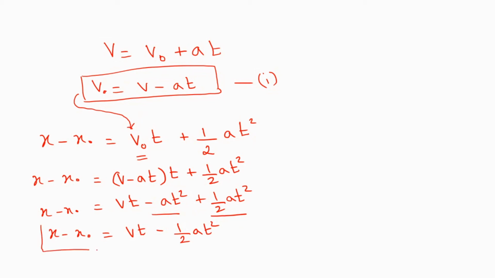So this is the derivational proof of the fifth equation. So how did we get this equation? We got the fifth equation with the help of the first two equations. And this is one of the important equations. We always use these equations for solving the numerical questions in Physics 1 chapters. So this is the derivation proof of these two equations.